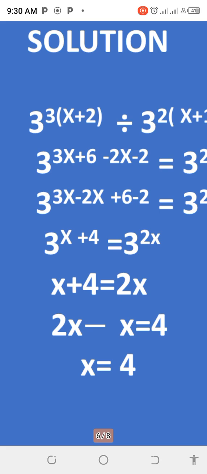When this 2x crosses the sign of equality to this side, it becomes minus, and when this one crosses to the other side, it becomes plus. Then you have 2x minus x is equal to 4. 2x minus x is the same thing as x, so x is equal to 4.